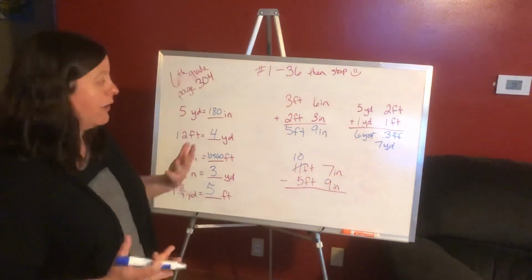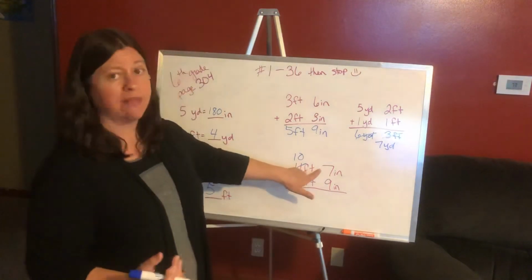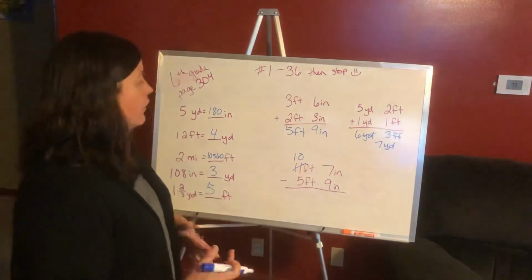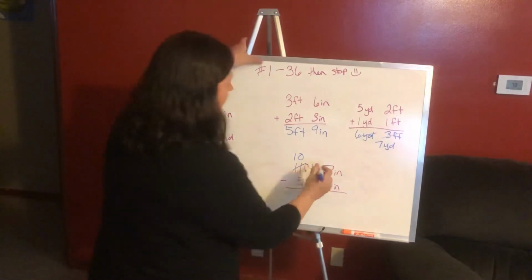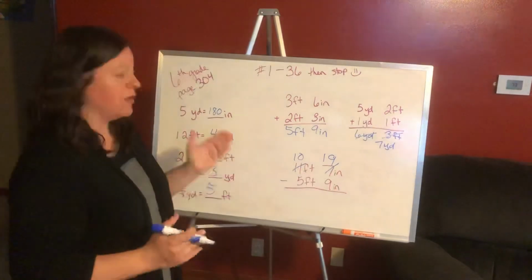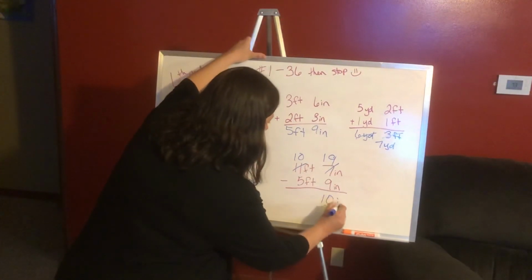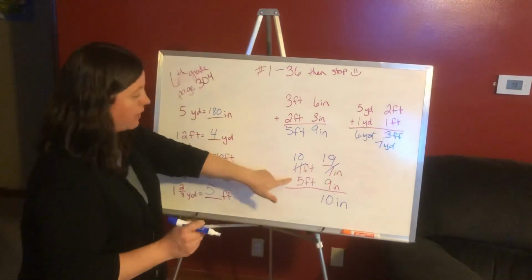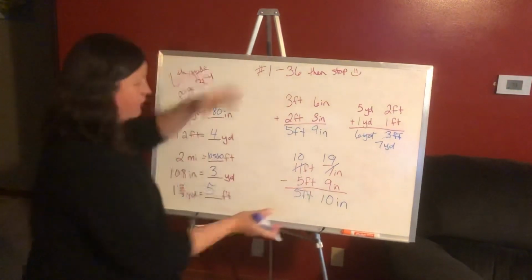So I borrowed 12 inches, and I need to add that 12 inches to the 7 that's already there. 12 plus 7 is 19. Now I have 19 inches minus 9 inches, which is 10 inches. Then I have 10 feet minus 5 feet, which is 5 feet. And that finishes that one.